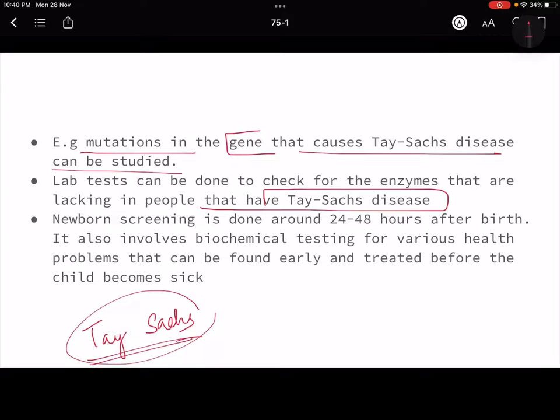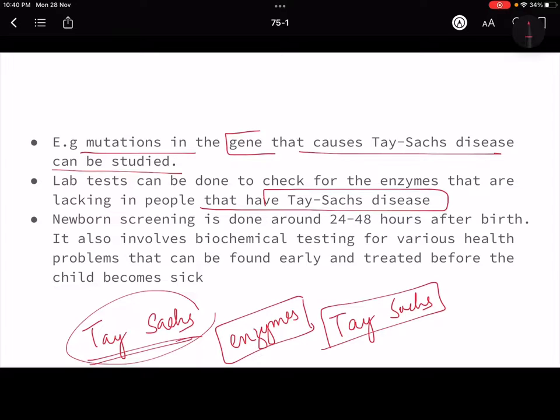For example, say some person has Tay-Sachs disease, right? Now you will check their enzymes, which enzymes are present in the body and which are lacking. Based on that you can create a correlation, okay? Maybe enzyme A is missing in this person and he has Tay-Sachs disease.